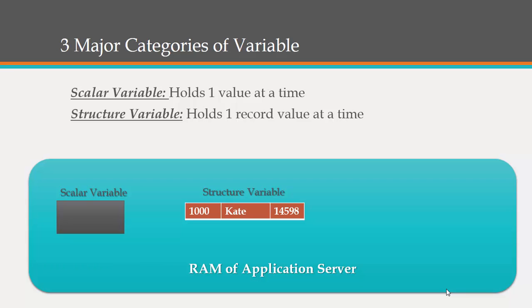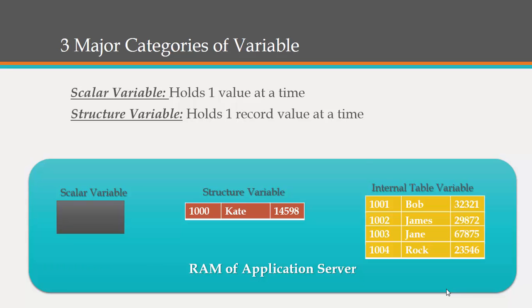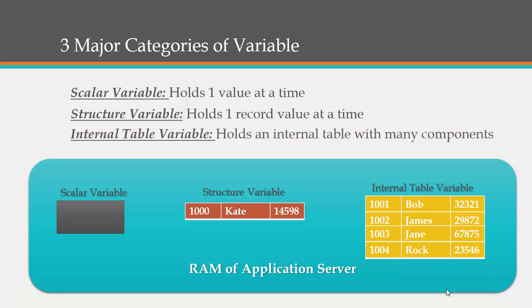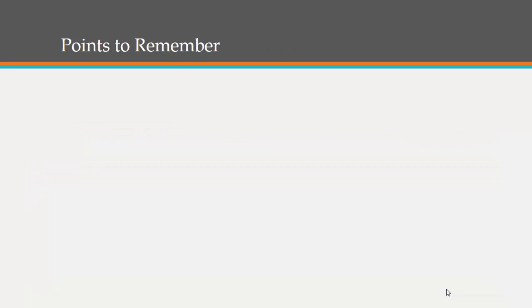So basically it will be holding only one record at a time. And the next one is the internal table variable. If you want to hold multiple records, then we can use an internal table variable. So these are all the major categories of variable. In the coming lectures we'll be working on these three types of variable.